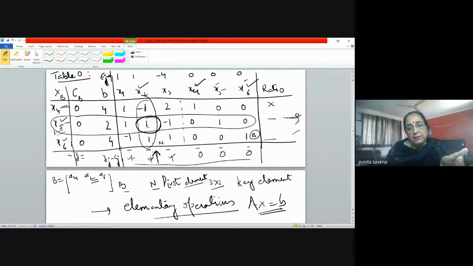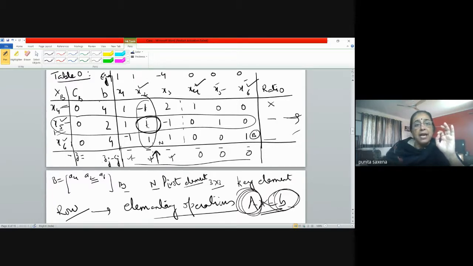So we take the help of elementary operations, and because, mind you, your system is what? Ax equal to b. So we have to stick to what? Row operations. And whatever row operations we perform on A, the same row operations would be performed on the right-hand side. What is that? This column.